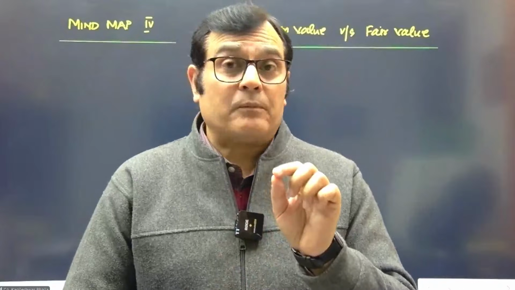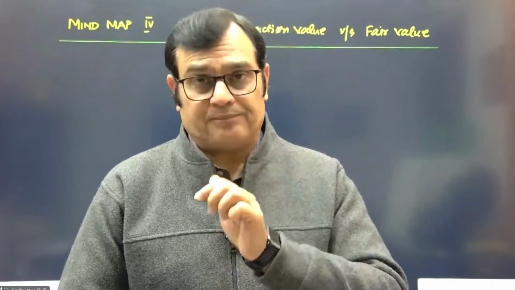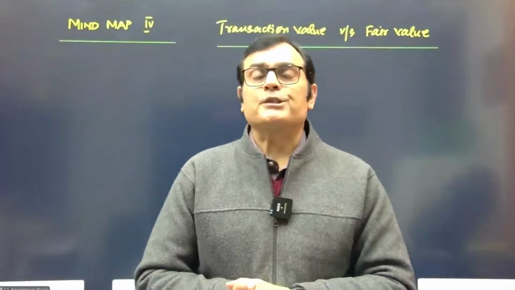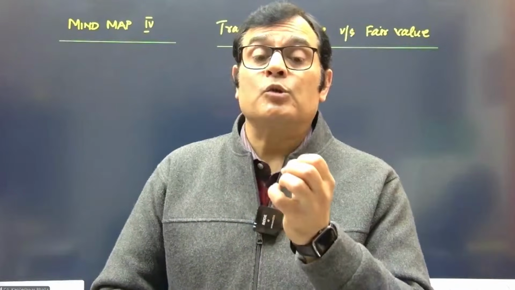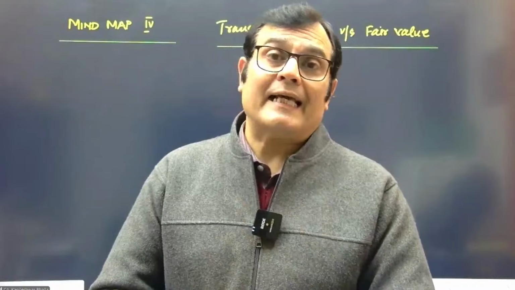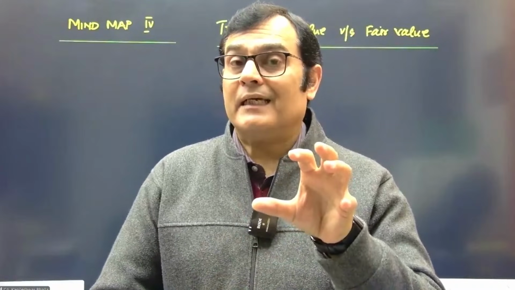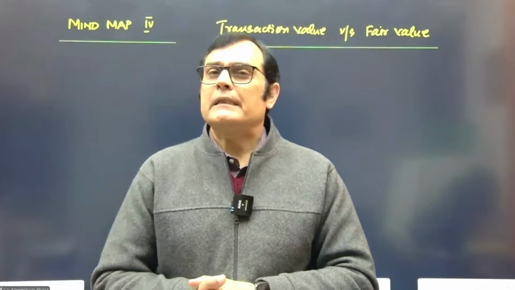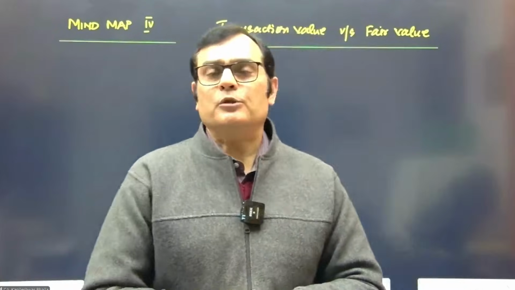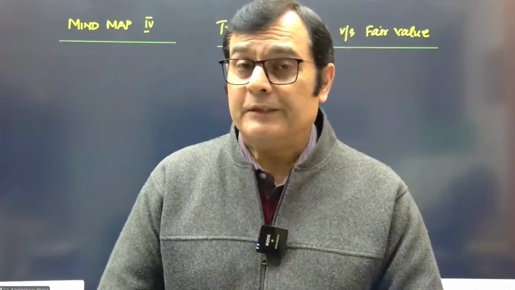When you say it is at market terms, that means the contracted rate and the market rate are the same. In those cases, the transaction value and the fair value will not differ. So your first approach in looking at the question is to compare the contracted rate (CR) and the market rate (MR). When they are the same, it's an at-market-terms transaction, and we don't need to consider any differences because the transaction value and the fair value turn out to be equal.